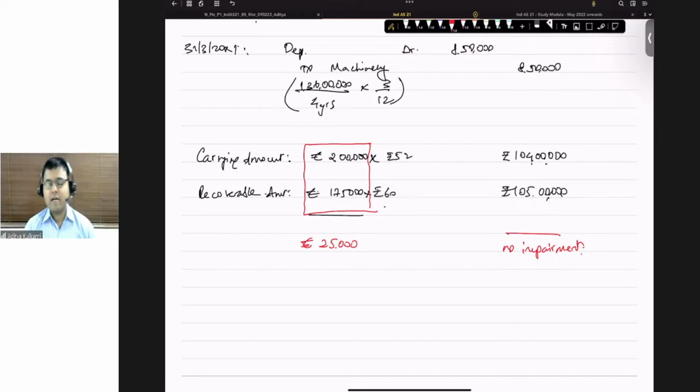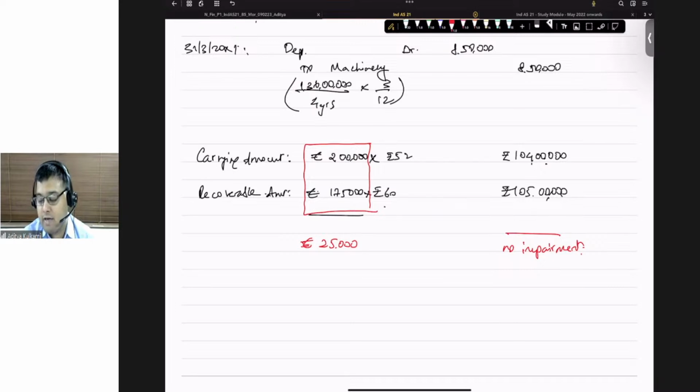So when you are comparing two or more items for NRV impairment testing or whatever it is, you will have to ask whether there is an impairment after conversion. Don't base your impairment on the foreign currency movement.